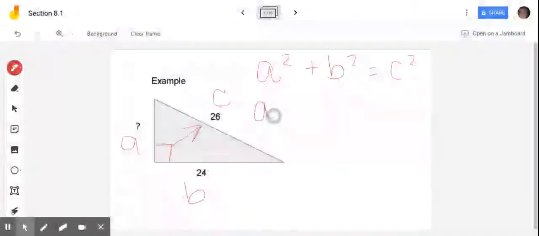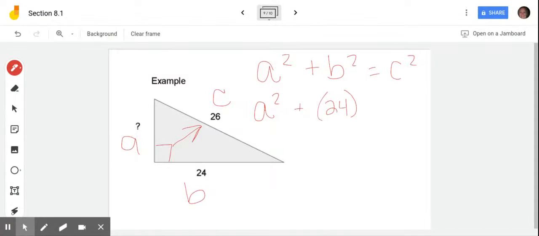Okay, so here, if I labeled this A, B, and C, and I know the right angle is here, so this is the hypotenuse, and I say A squared plus B squared equals C squared. Okay, well, I don't know A. I know B is 24, and I know C is 26. So now we're going to simplify that. 24 squared is 576, so I get A squared plus 576 equals 26 squared, which is 676.